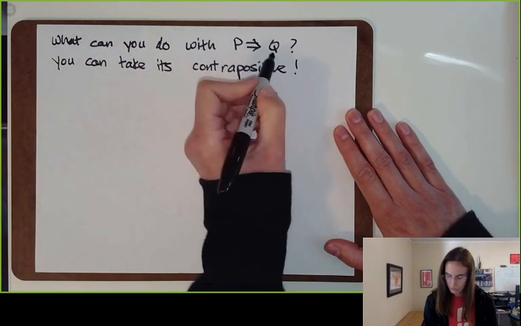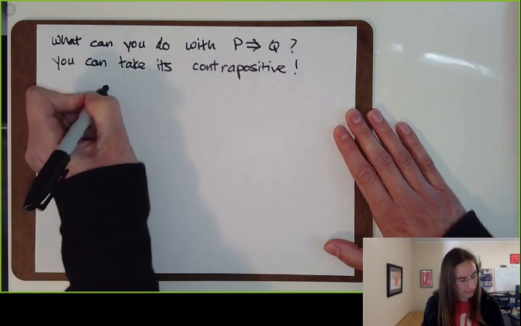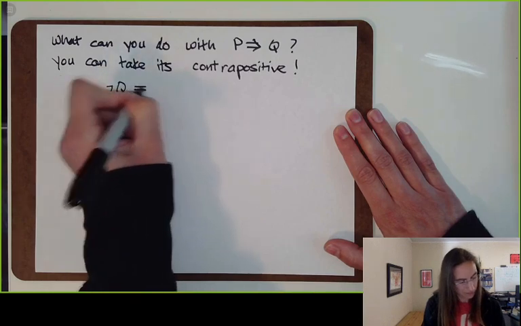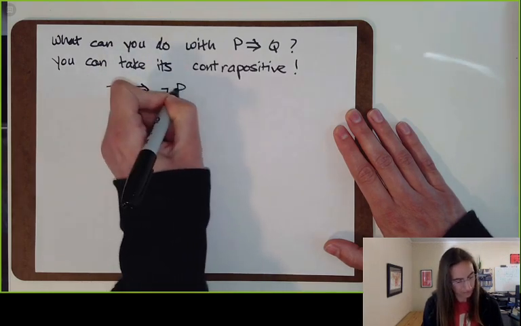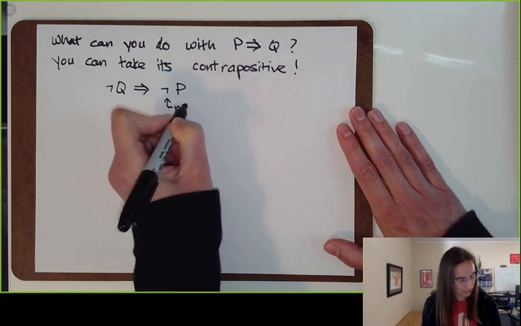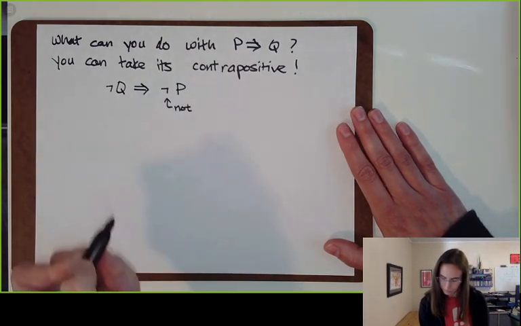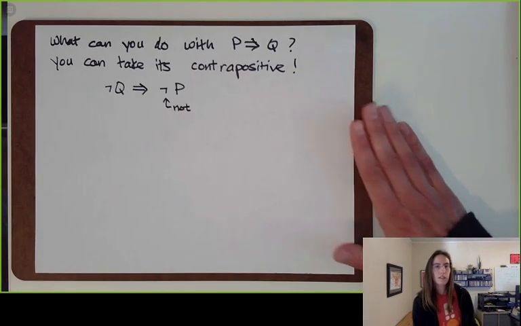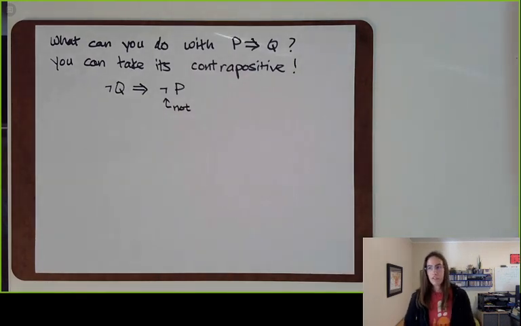So if P implies Q, that means that not Q implies not P. The notation here means not, for those unfamiliar. So that's kind of nice. That's something that you can do.